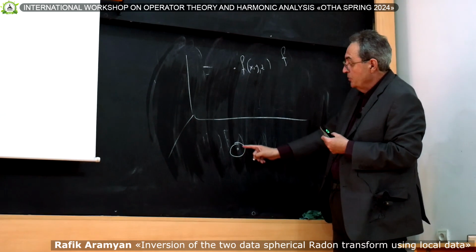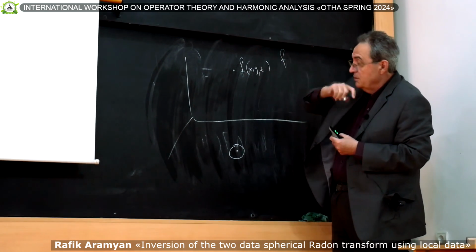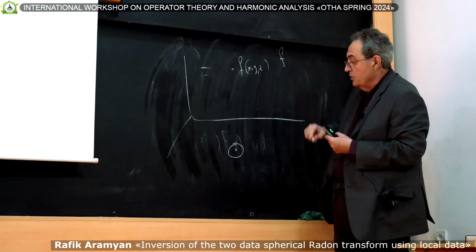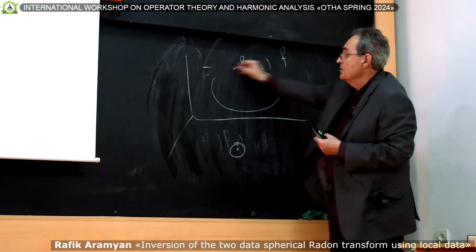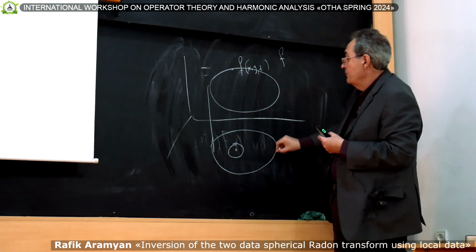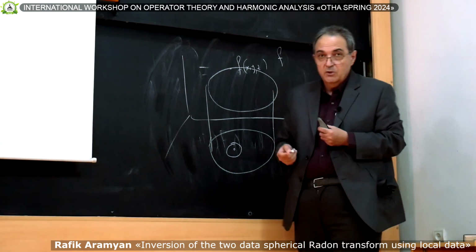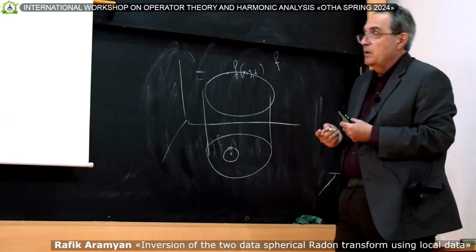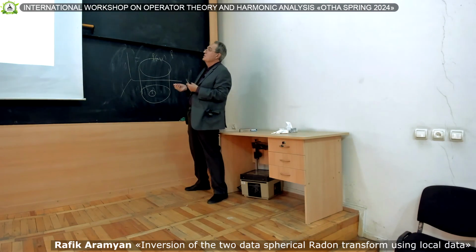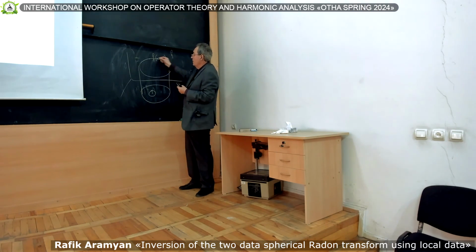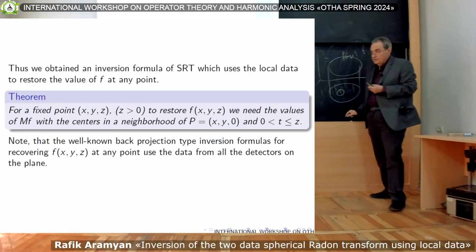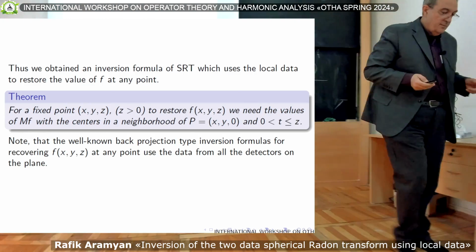So using this data, this formula allows us to recover the value at the point. If we have some function with compact support, just by the data from the projection, one can recover the function. Using a back projection type formula, to recover the function you need the data from the whole plane.